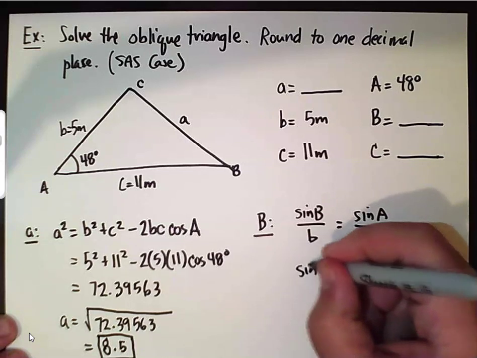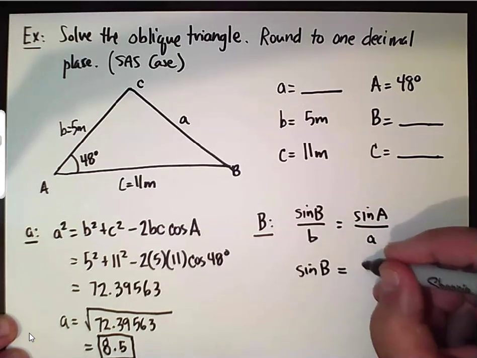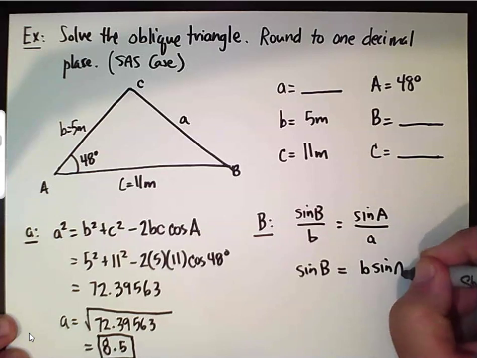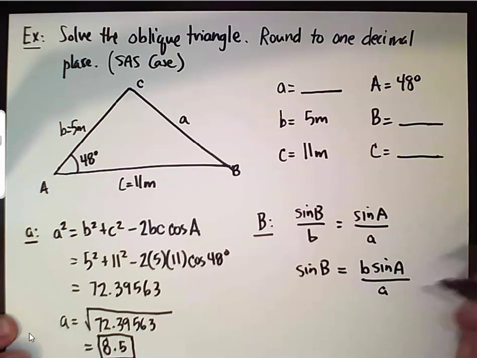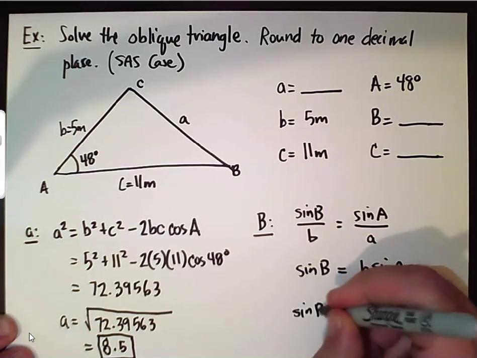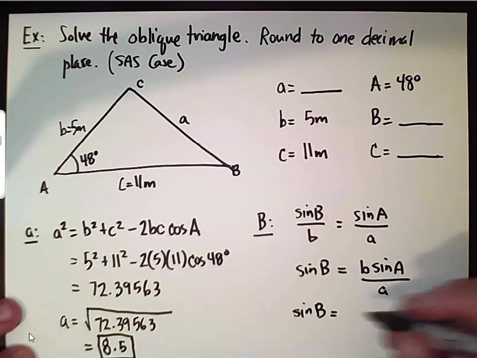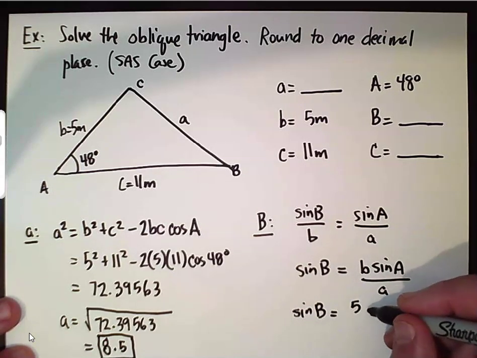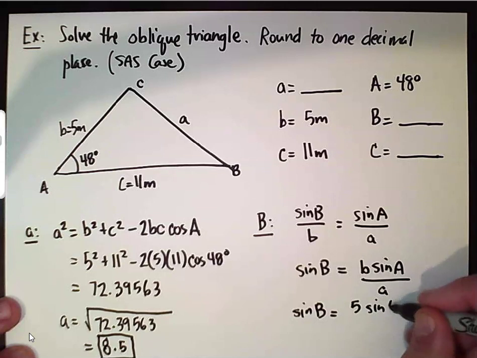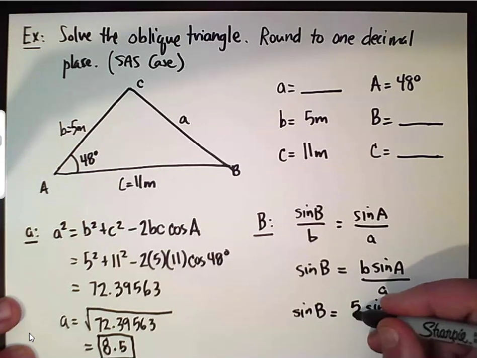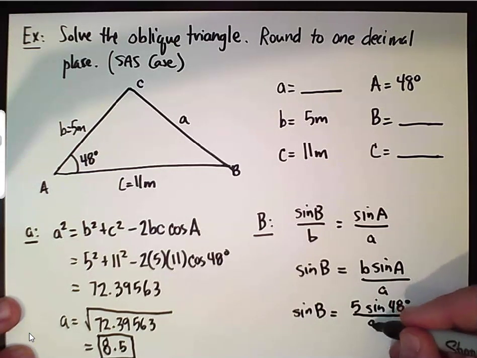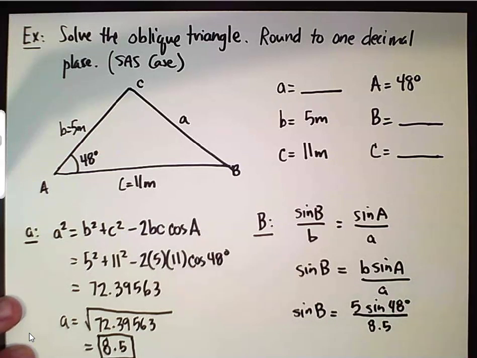That means the sine of B is equal to b times the sine of A over a. So the sine of B is going to be 5 times the sine of 48 degrees divided by the length of side a, which is 8.5.